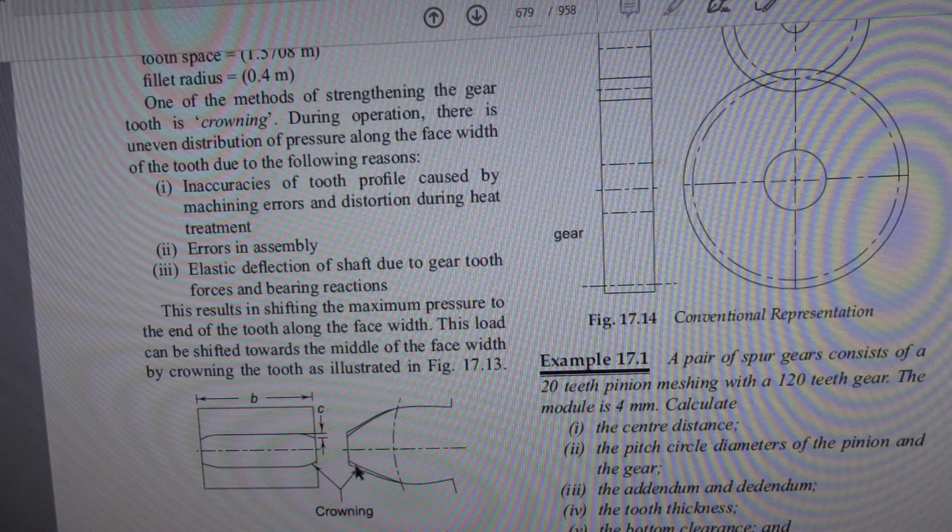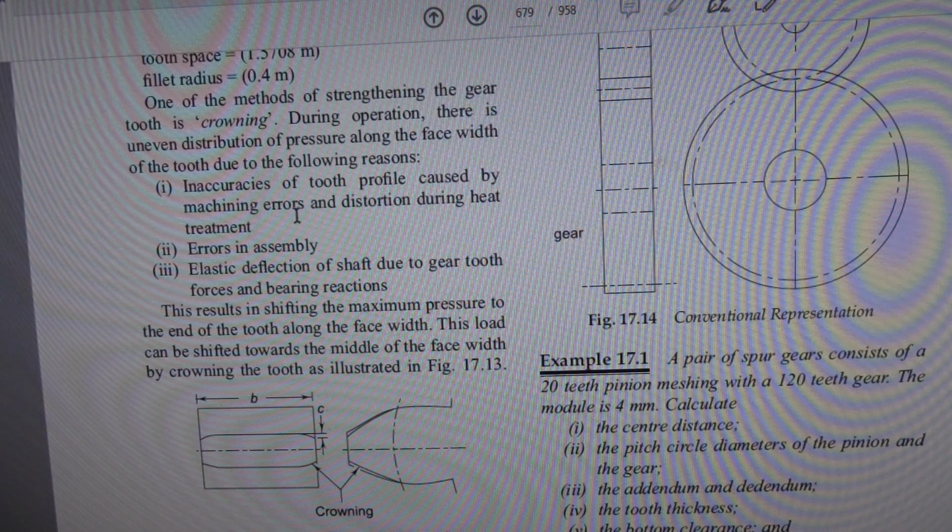For crowning: during the operation there is uneven distribution of pressure along the face width of the tooth due to the following reasons. During working conditions pressure is not uniformly distributed.